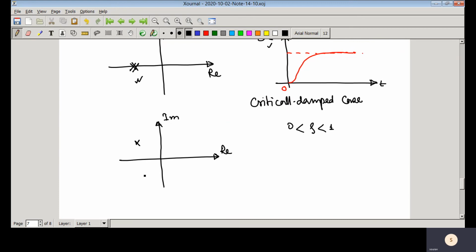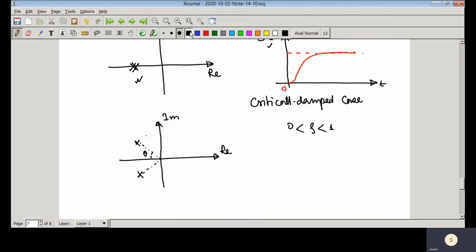One pole is here, another pole is here, and as we have discussed, whenever you have that pole location, if you find that theta, cos theta would give you the zeta value, and once you vary the location of the poles, theta would also vary and the zeta value will also vary.